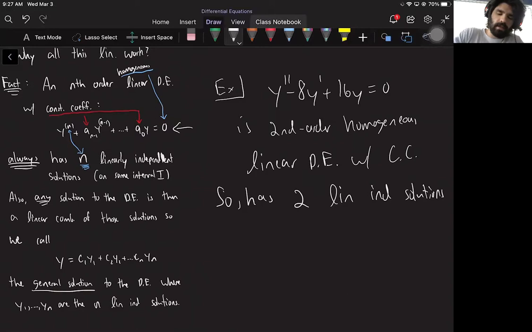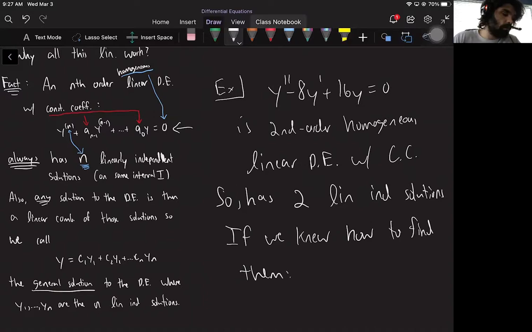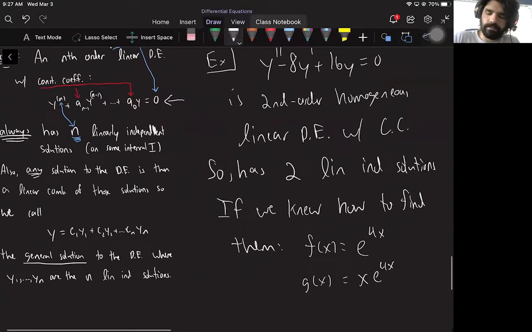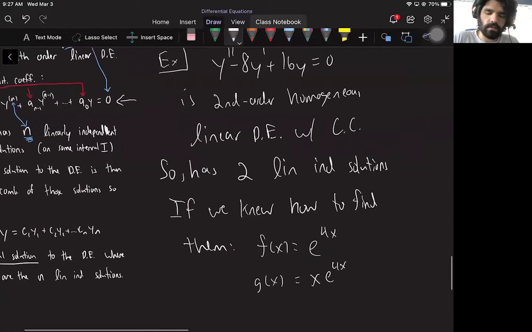We don't know how to find them yet, but let's just pretend we have them. So if we knew how to find them, I will just tell you what they are for now. They are e to the 4x and x e to the 4x. Then we could say some stuff.